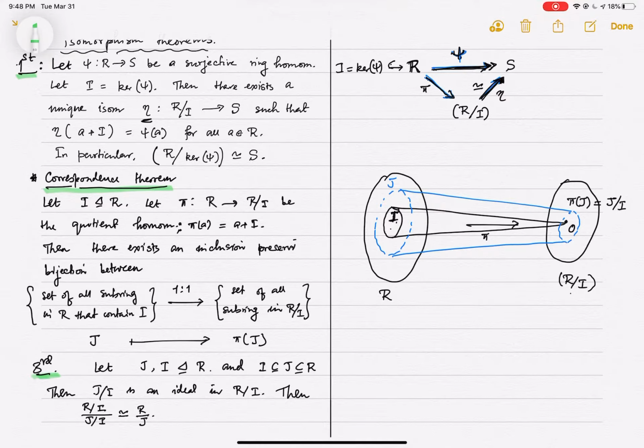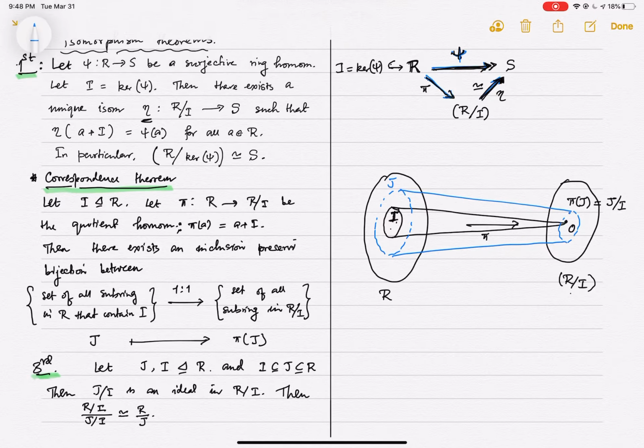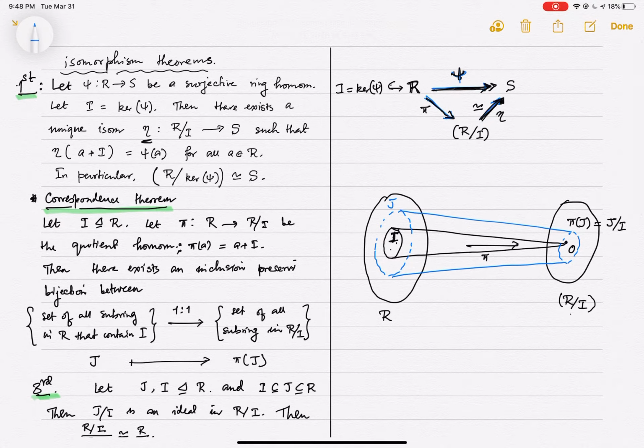The first one, once more, says the following. Look at this picture. You have a surjective ring homomorphism from a ring R to a ring S called psi. That's what you start with. Once you have a surjective ring homomorphism, you can look at the kernel of the homomorphism. It's called I, let's say.